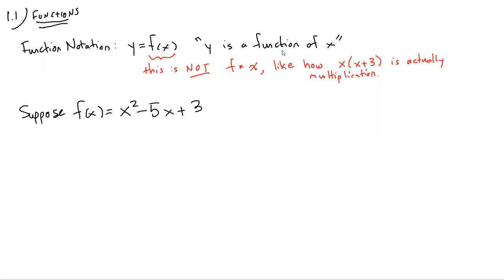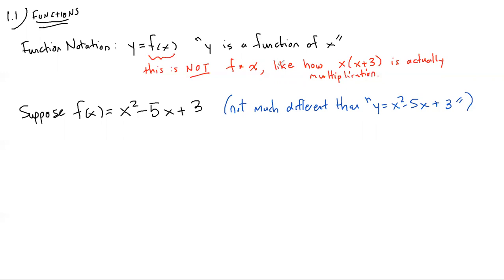It's not really much different than writing just y equals x squared minus 5x plus 3. There's a really subtle difference though, and to me, the difference is the amount of information that gets retained as you're working through something.